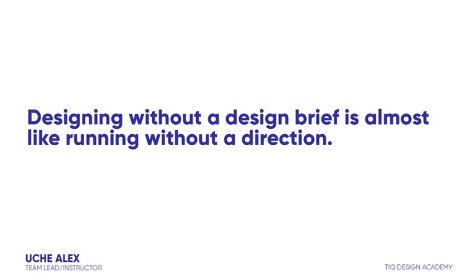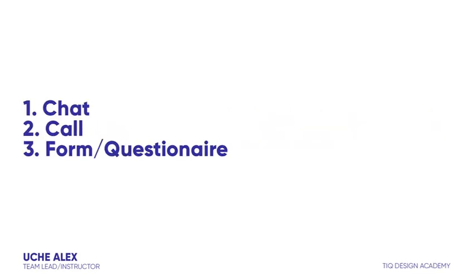So how do we get this design brief? From our definition, we outlined here that it is usually developed by a design team or designer in consultation with the client. This means that we work with the client to get the design brief. So the way we do this is simply by asking our client questions. Mostly I prefer doing this via chat.